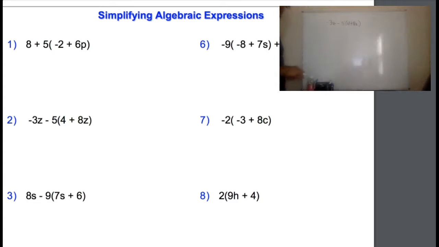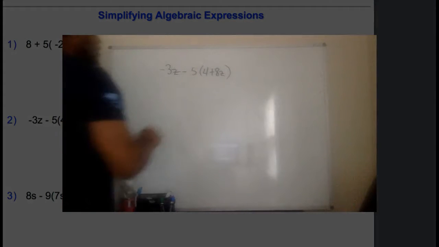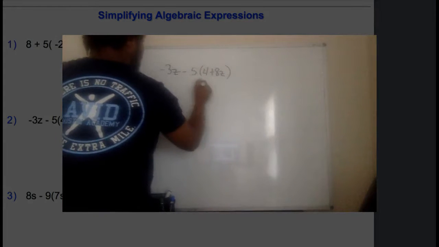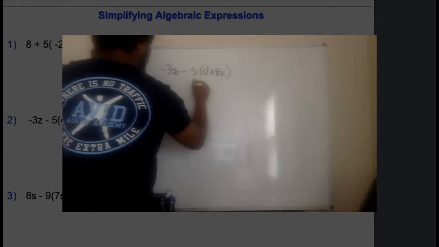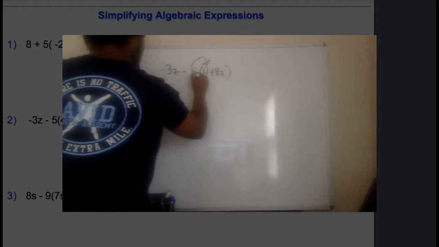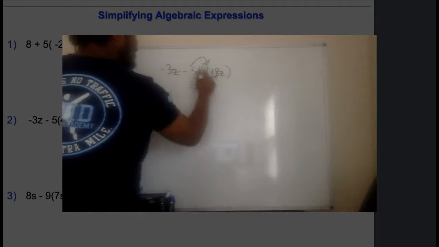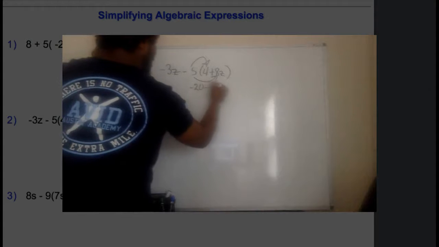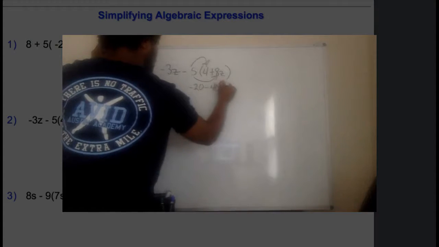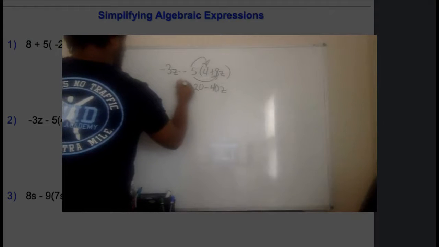Okay, first step is going to be to distribute. So when you distribute, that becomes a negative 20. Negative 5 times an 8z gives you a negative 40z. Bring down our negative 3z.